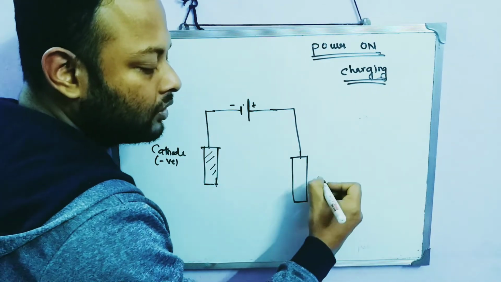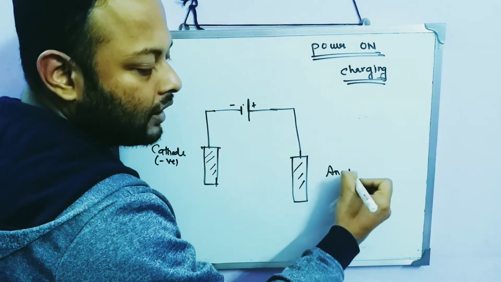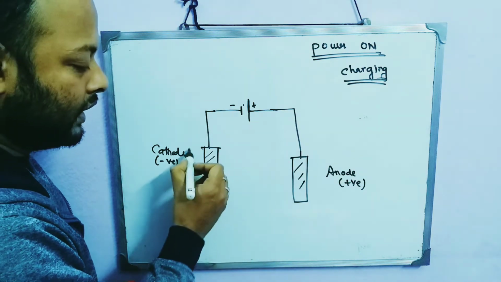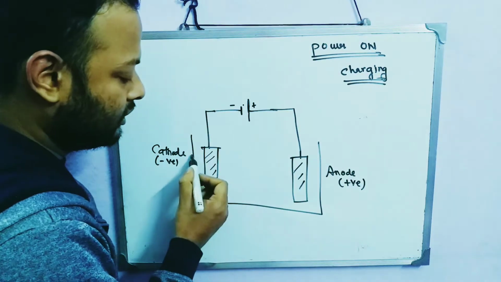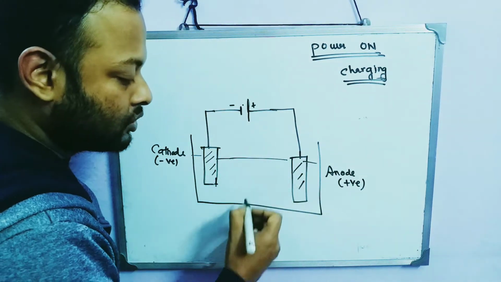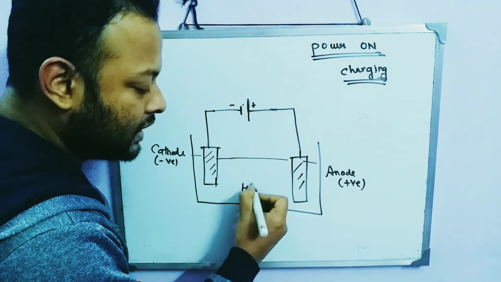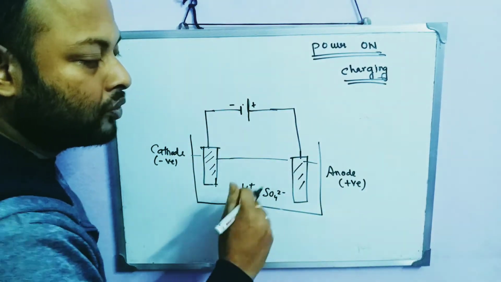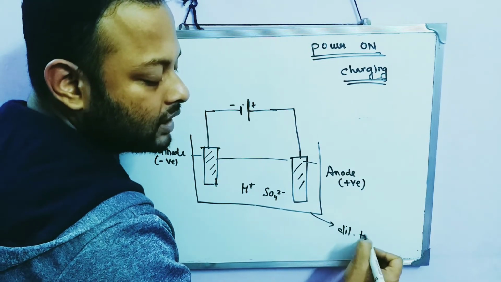It is connected to the positive terminal, so this is the anode, positive, and the entire thing is in an electrolytic cell which has ions. Say there are two kinds of ions, H plus ion and SO4 2 minus, meaning you have put some dilute sulfuric acid.